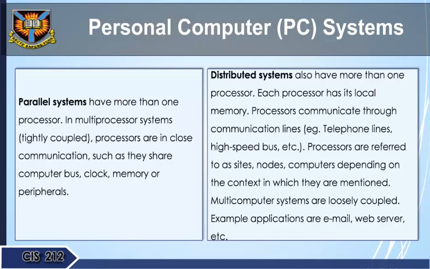Processors communicate through communication lines, for example, telephone lines, high-speed bus, etc. Processors are referred to as sites, nodes, computers, depending on the context in which they are mentioned. Multi-computer systems are loosely coupled. Example applications are email, web server, and so on.